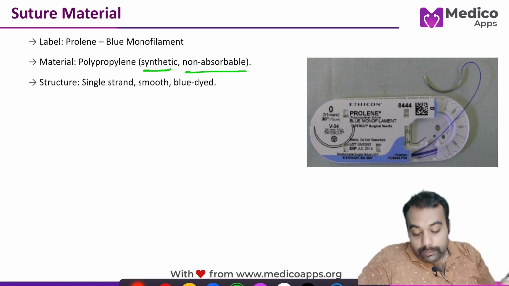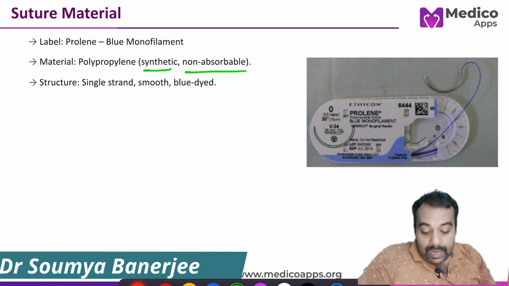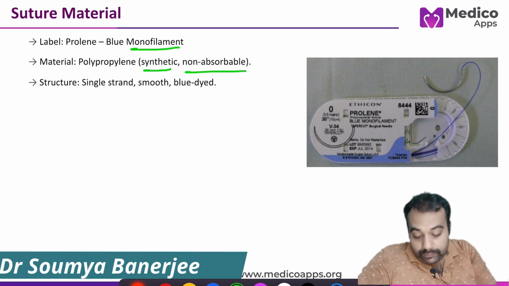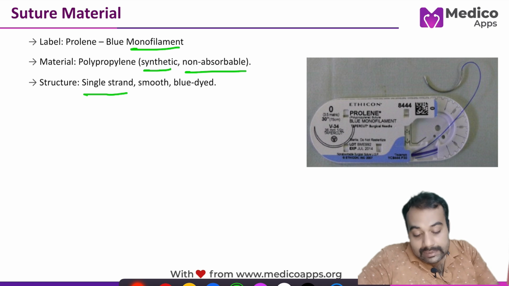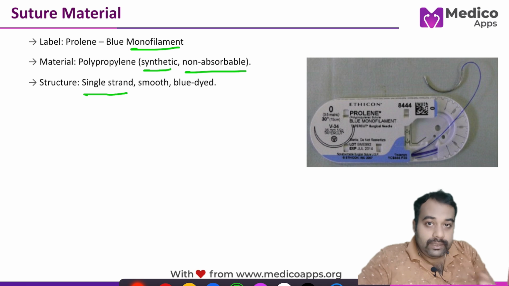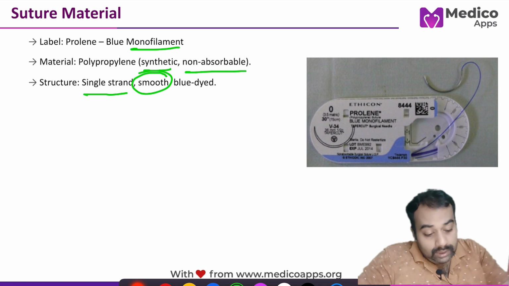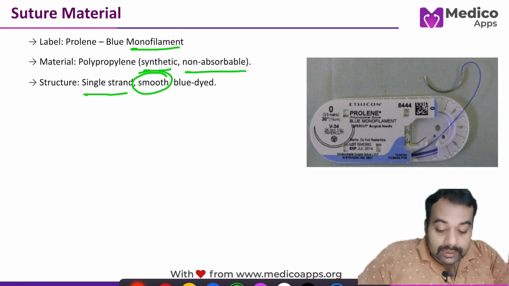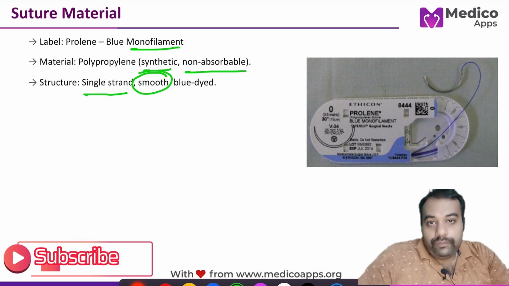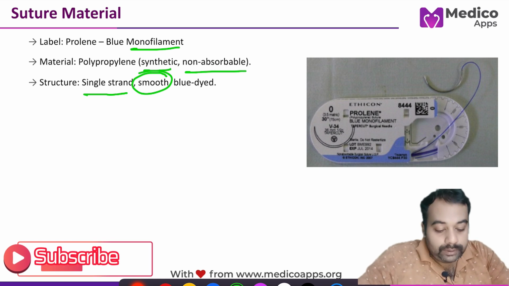Now the next important point is the structure. As I have already mentioned, it's a monofilament, so it's single stranded. It's not a braided one, so it's going to be smooth. This is the normal Prolene which we usually use in operation theaters.